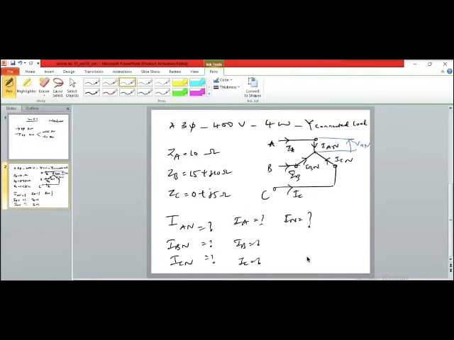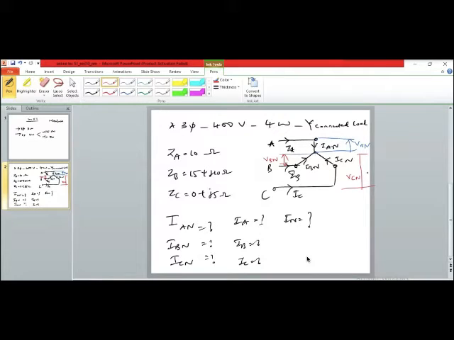Similarly, this is VBN and this is VCN. So you can easily find out the currents when you know the voltage and impedance in the phase.